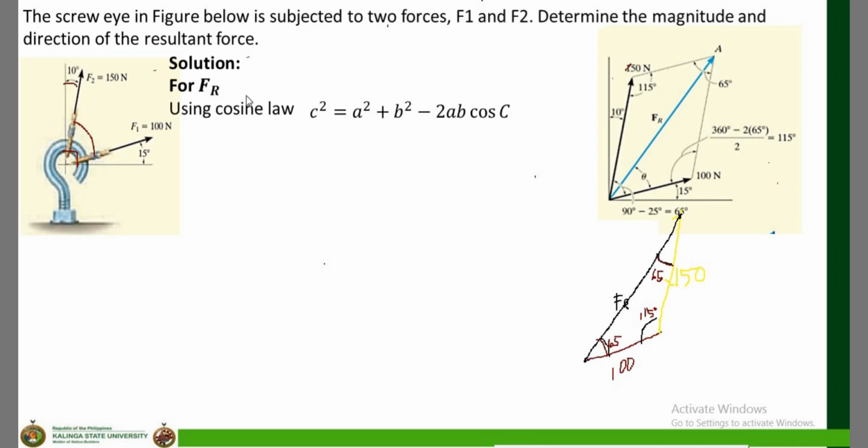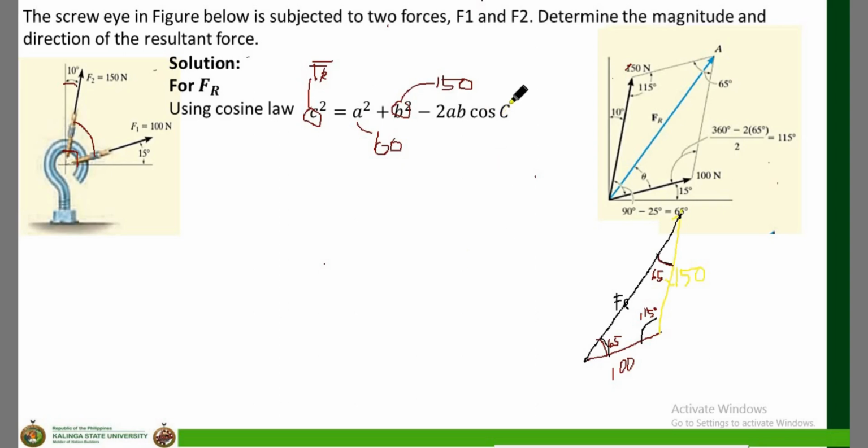So in this case, let C be FR, A be 100, and B be 150.